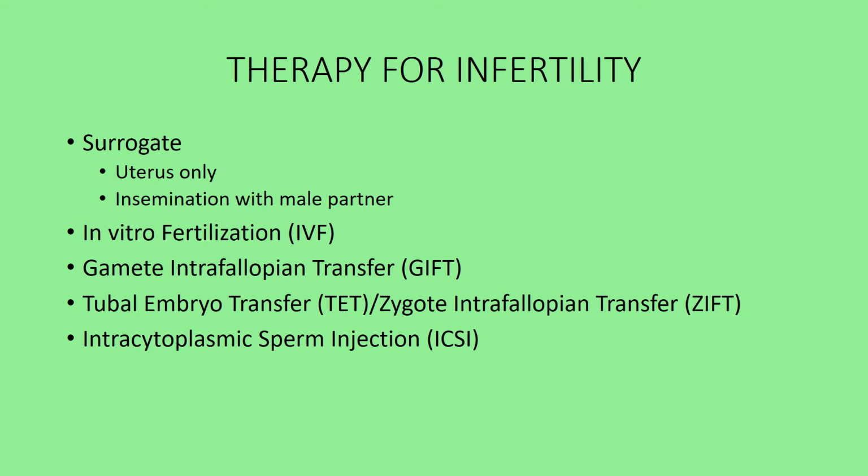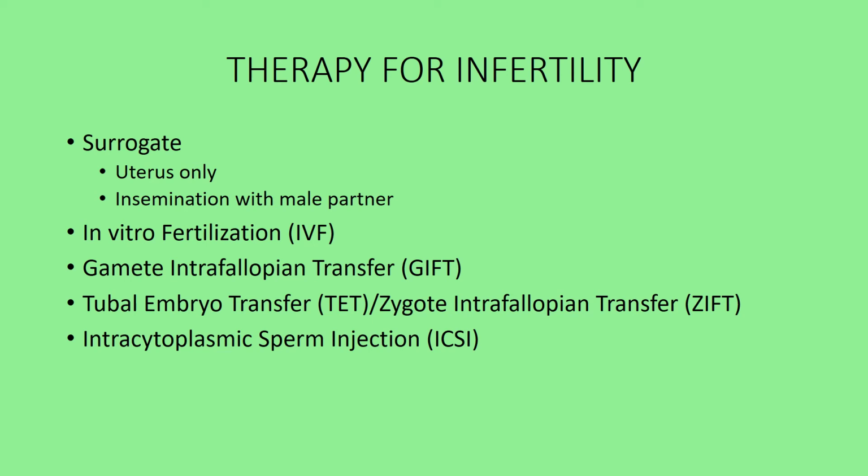In vitro fertilization involves laparoscopically recovering an ova and fertilizing it with a sperm. This is all done in a lab, then 2 days later, it is transferred back into the uterus. And this can be done with either a partner's sperm or a donor's sperm. The gamete intrafallopian transfer retrieves oocytes into a catheter with the prepared sperm.